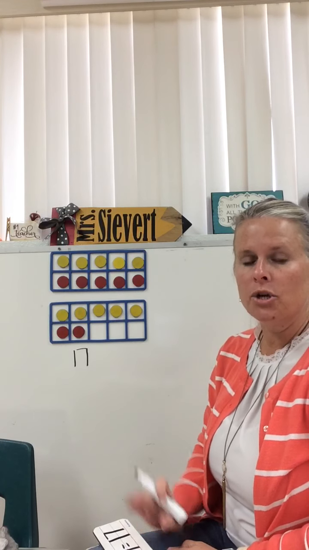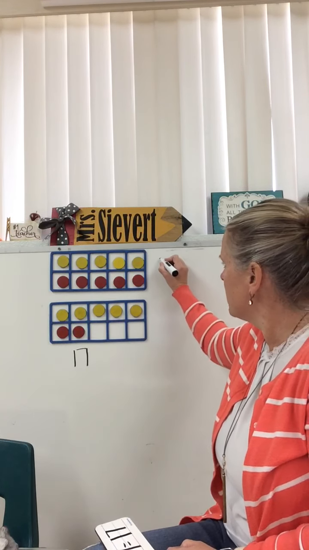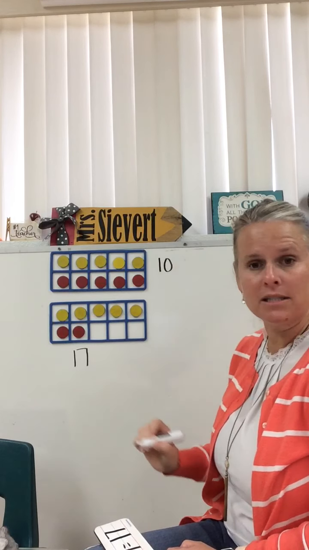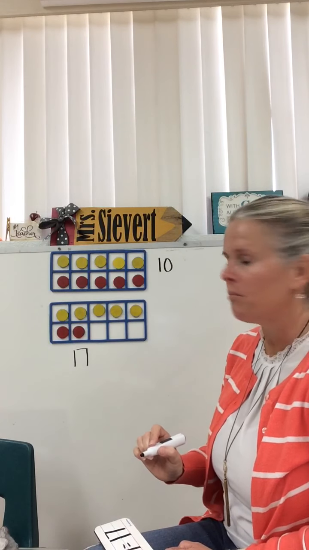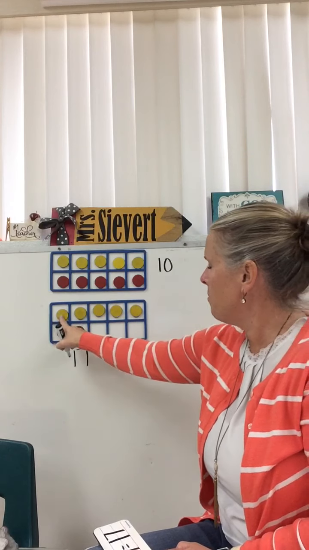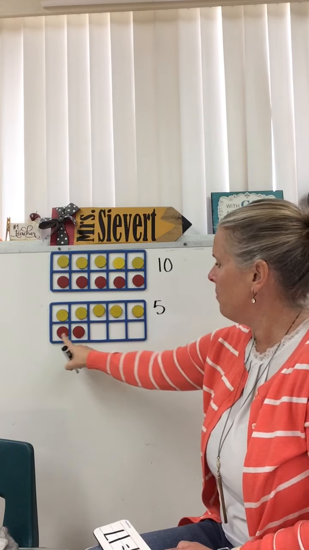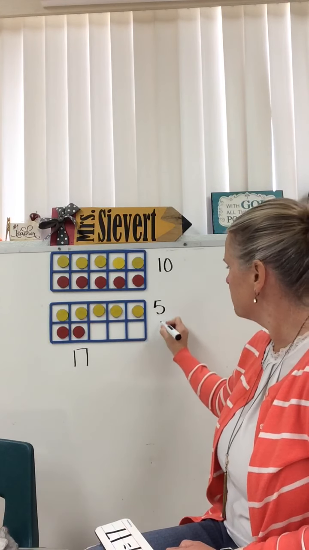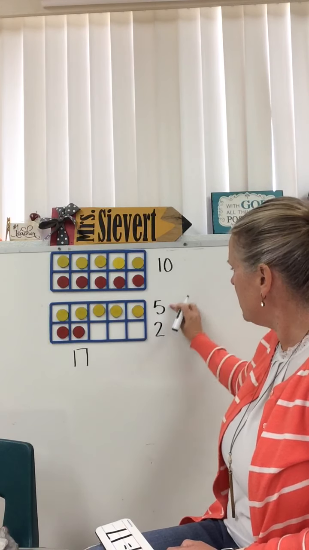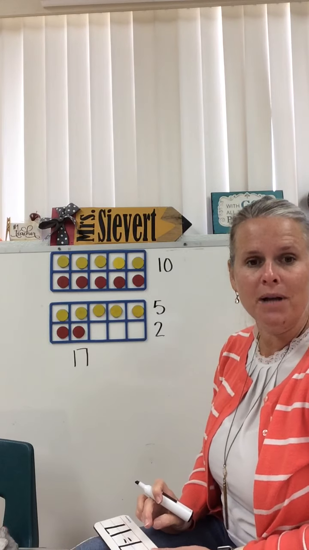Okay? So one of the numbers you could have used, here's a number. That's a number you could be using in your adding problem. This is how many? You're right, Oliver. There's your 5. And how many here, Oliver? 2. So I can take these 3 numbers and turn it into an adding problem.